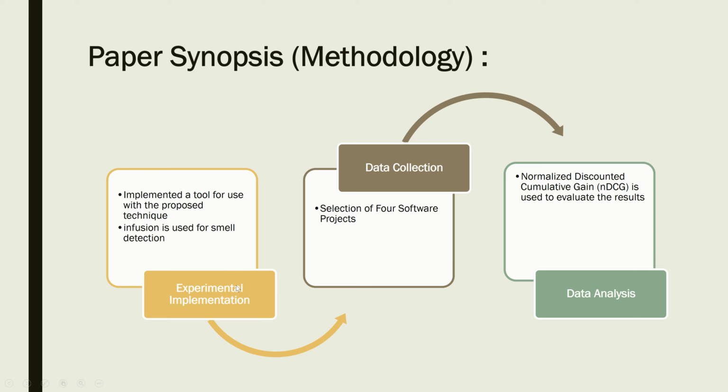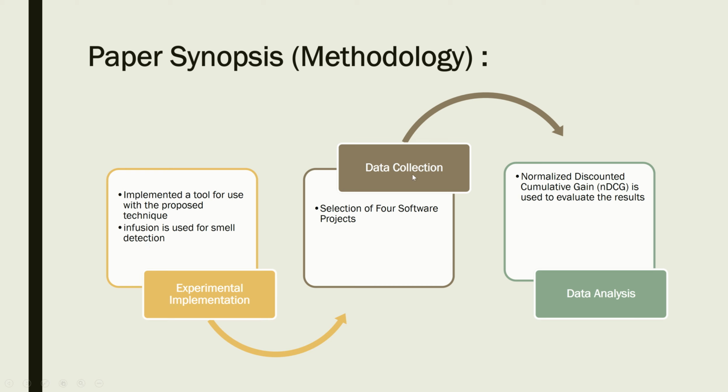In the experimental implementation, the authors implemented a tool for use with the proposed technique to trigger a code smell detector to generate a list of smells and to calculate the CRI of each smell. During this phase, the inFusion tool is used for smell detection.